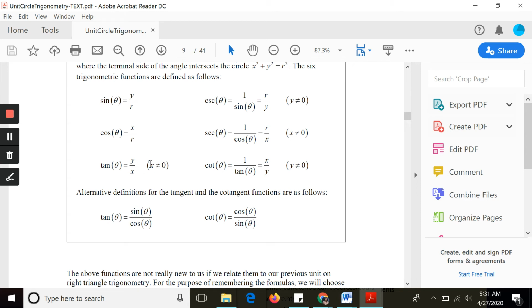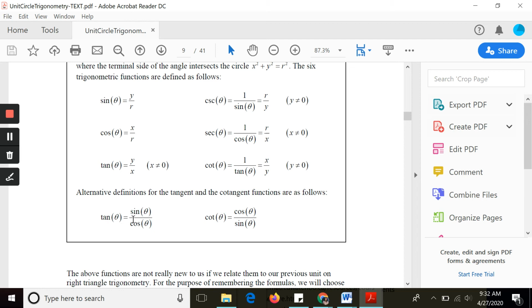Those who want to challenge themselves and try Art of Problem Solving questions might see questions based on cosecant, secant, and cot. But it's a very simple thing. Cosecant is just the reciprocal of sine, secant is the reciprocal of cos, and cot is the reciprocal of tan.